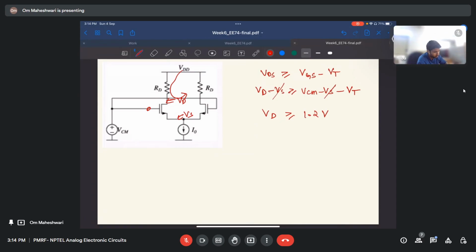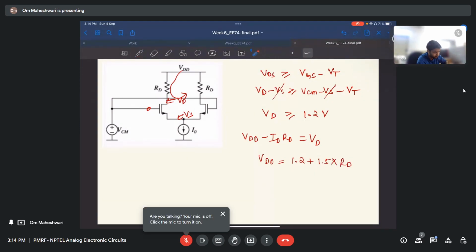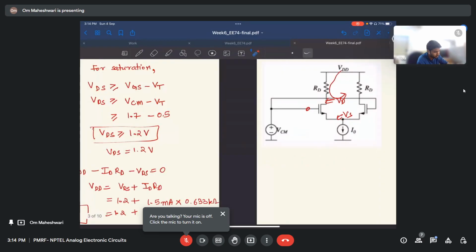If we apply KVL here, VDD minus ID RD equals VD. So VDD equals 1.2 plus 1.5 times RD. So yes, you are correct. That was my mistake here.